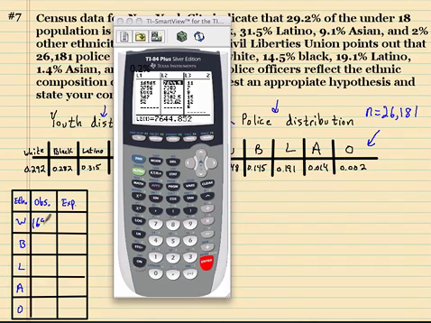This is what happened in the police department. I'm just filling these in from my calculator. You're allowed to have decimals in the expected.